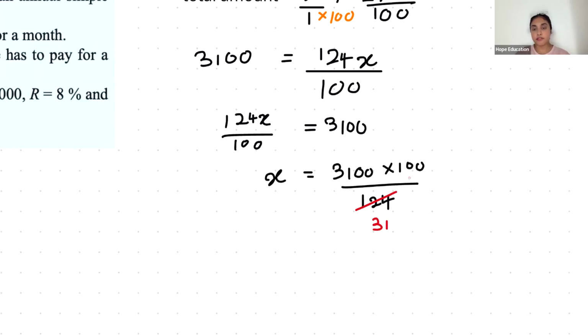Here 4 times 25 is 100, right? Then 31 times 1 is 31, and 31 times 1 is 31. Here 0, 0. That means x is 25 times 100, that is 2,500. Now this is the loan amount.